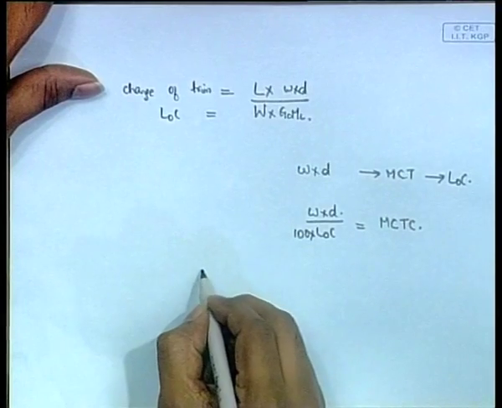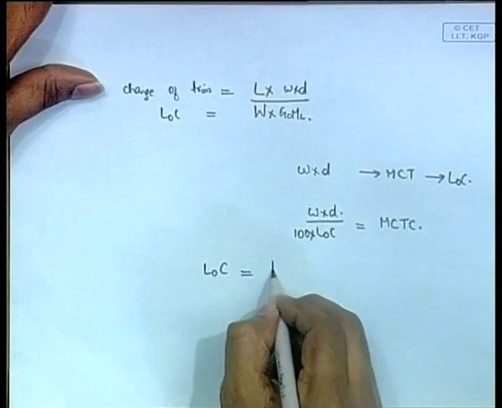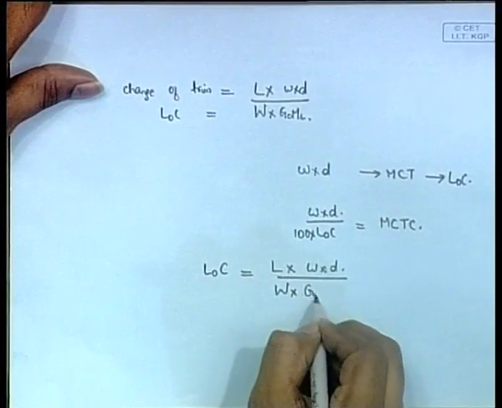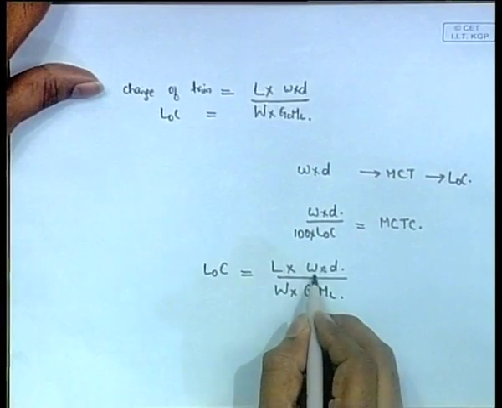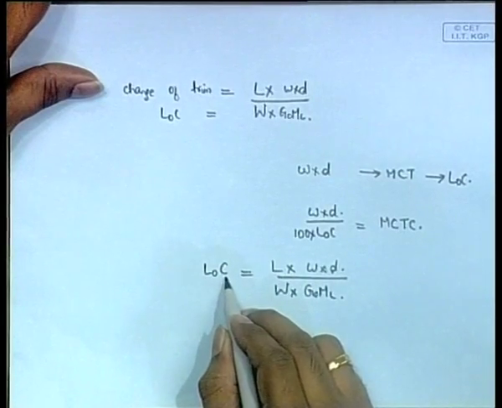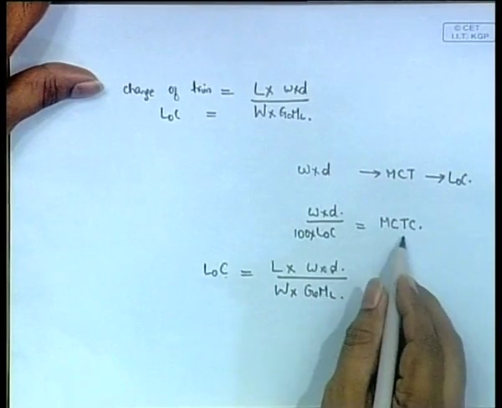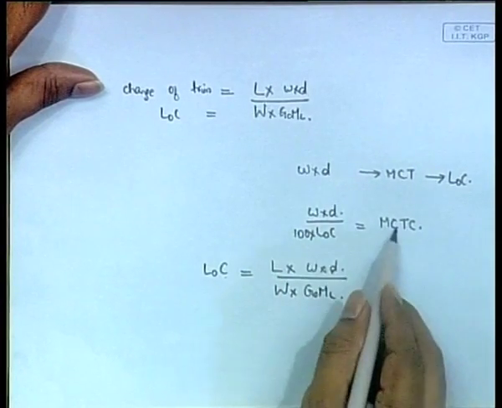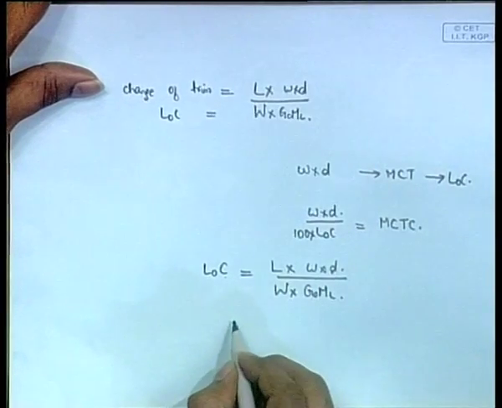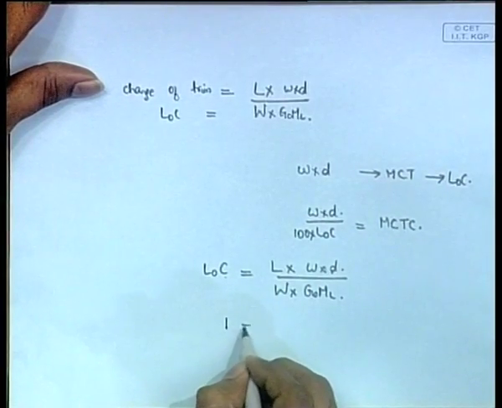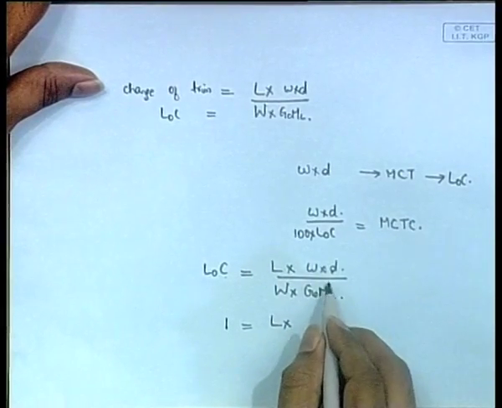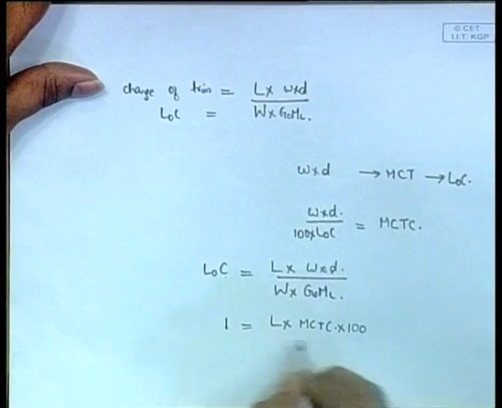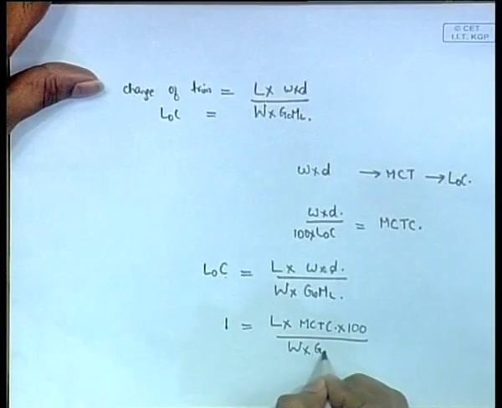Now, therefore, if I say that L0 C is equal to L into W into D by capital W into G0 ML, let me replace W into D by L0 C with MCTC into 100. Or the other way around, 1 is equal to L into MCTC into 100 divided by W into G0 ML.